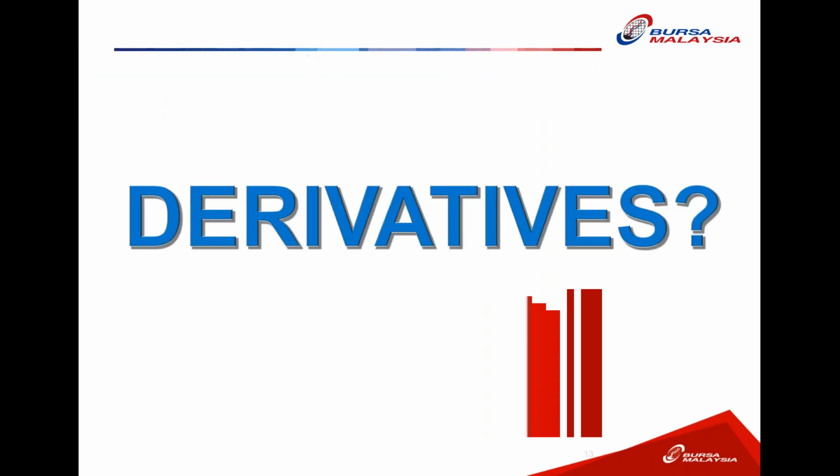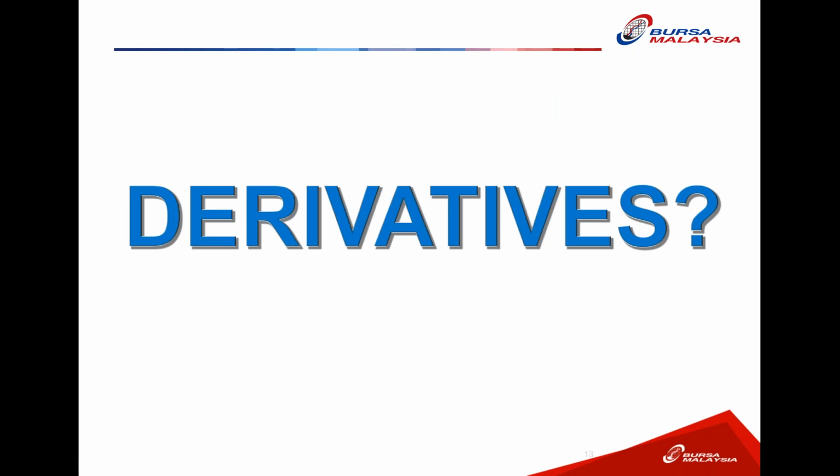Now, what exactly is a derivative? The term itself is very glamorous, am I correct? Very difficult to understand. But if you subdivide the term, derivative, the word means derive. Derive is very simple. It derives from one of the products. For example, in layman's terms, we derive from our parents.